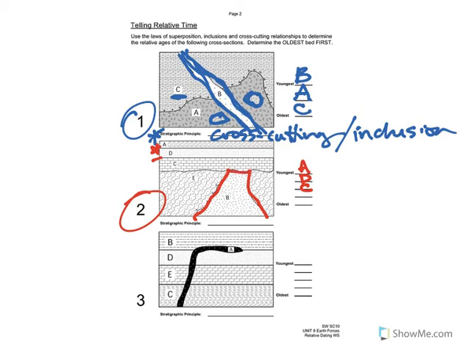We have this layer of rock labeled B that is cutting through this already established layer E. Since it is cutting through layer E, we know that it must be younger than the layer it cuts through. So we would say that B is younger than layer E, which we're going to say is the oldest.